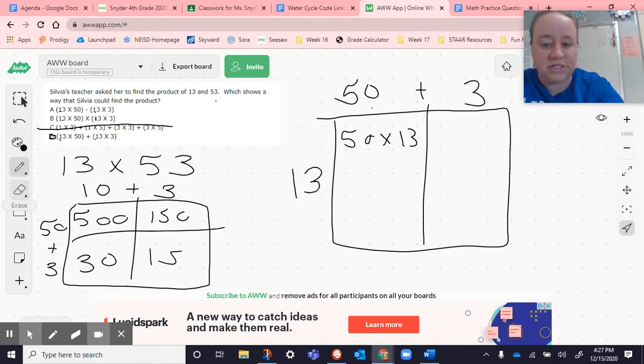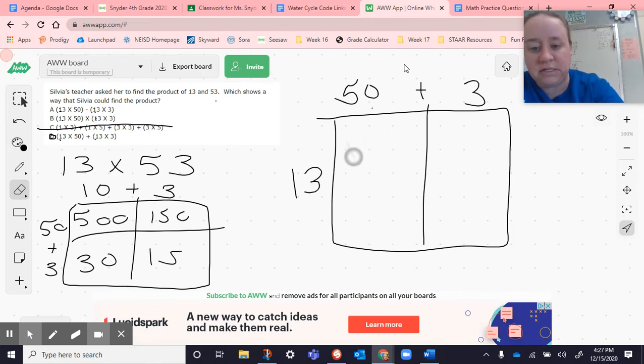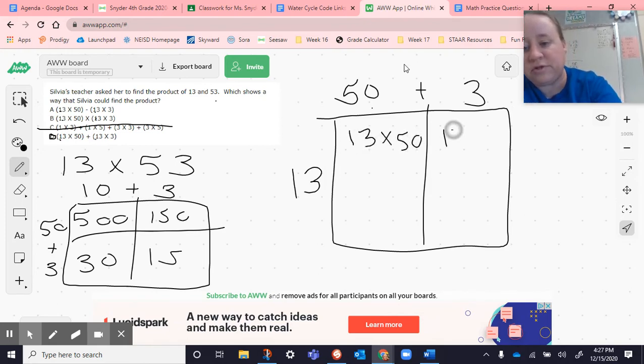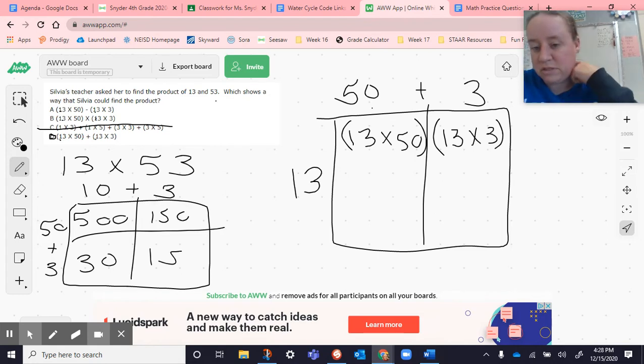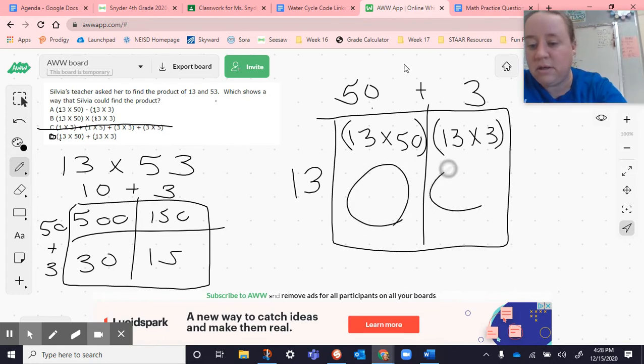They did 13 first. It's the exact same, but I'm just going to put it the way that they did it so we can easily see, but they can be switched. So they put 13 first. So 13 times 50 and 13 times 3, which is exactly what we do with this box method to get our answer. We would multiply that out. We would get it. Okay.